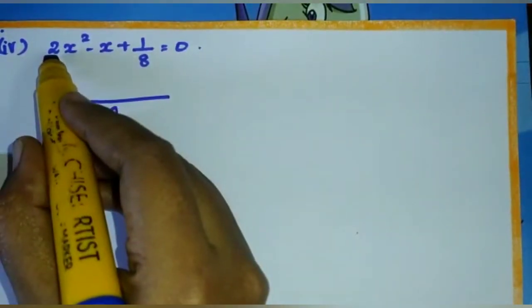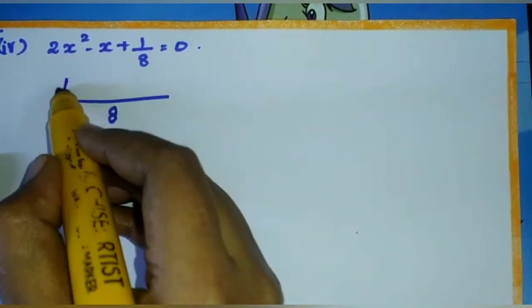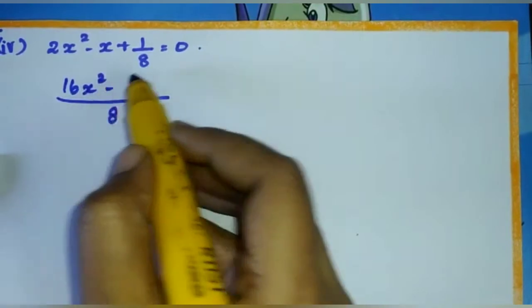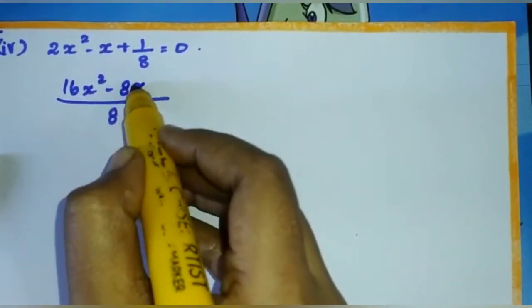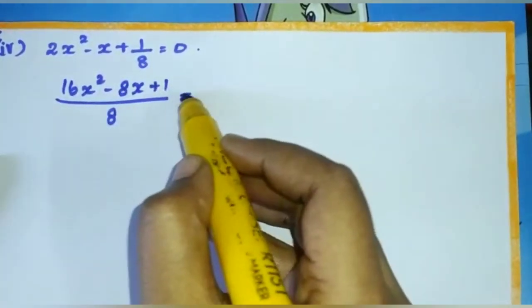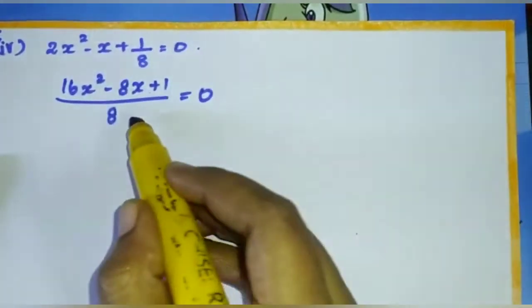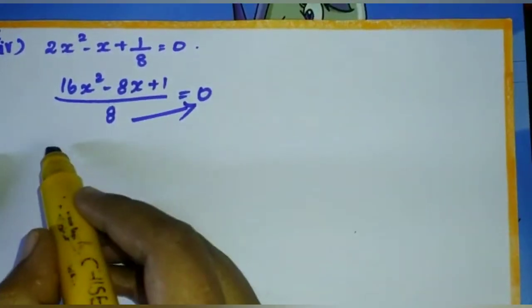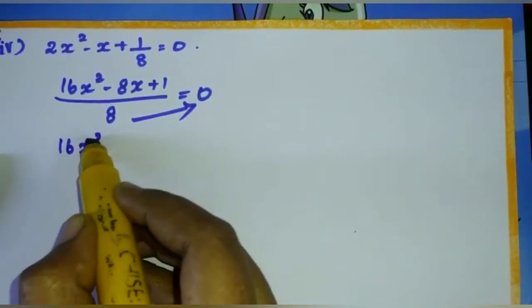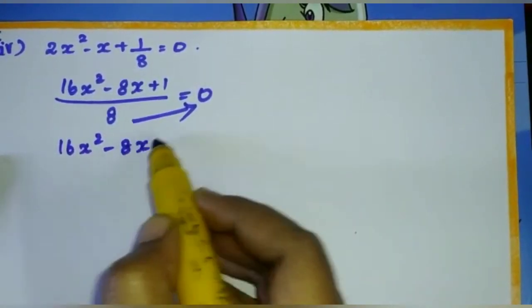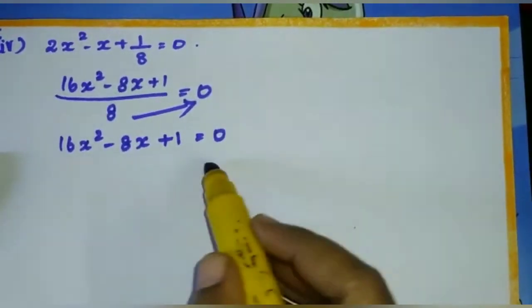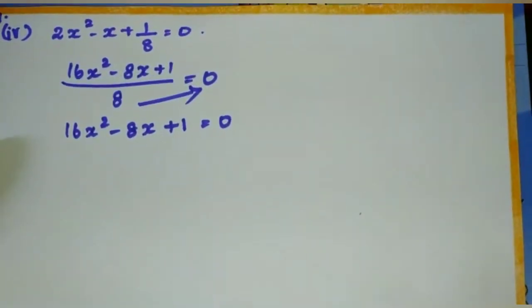So 8 2s are 16, 16x square minus 8x plus 1 is equal to 0. We multiply 8 and 0, then you will get 16x square minus 8x plus 1 is equal to 0. So this is the quadratic equation.